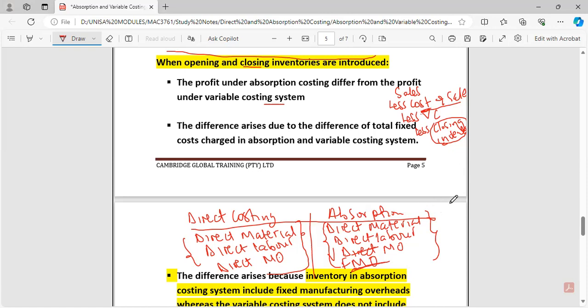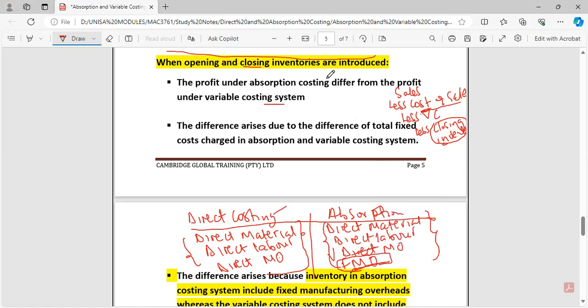We did that in our MAC3761, where they will require you to do a profit reconciliation. Because remember, we say absorption costing profit and direct costing profit will be different. So they want you to figure out what makes that difference, which means the fixed manufacturing overheads under absorption costing are the ones that make that difference.